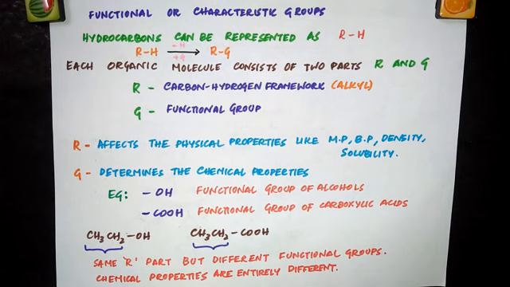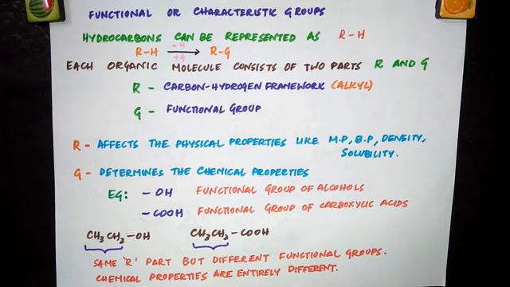So you can say each organic molecule consists of two parts, R and G. The first part, R, as I just told you, denotes the alkyl group. Alkyl group is nothing but the carbon-hydrogen framework of the molecule. While the second part, which is G, is called the functional group. We can define this functional group as an atom or a group of atoms present in a molecule which largely determines the molecule's chemical properties.